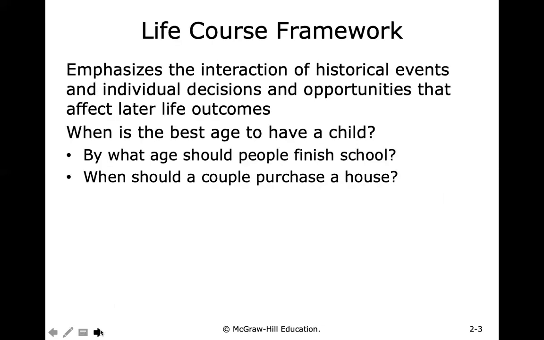Okay, so our life course framework. Some of you may have already taken some lifespan development courses and may have already discussed this concept of the life course. But for the most part, in gerontology, especially in social gerontology, it is a very predominant theme.